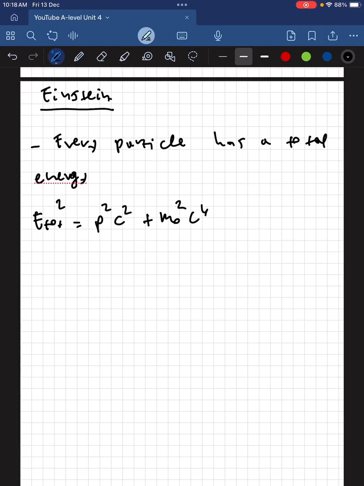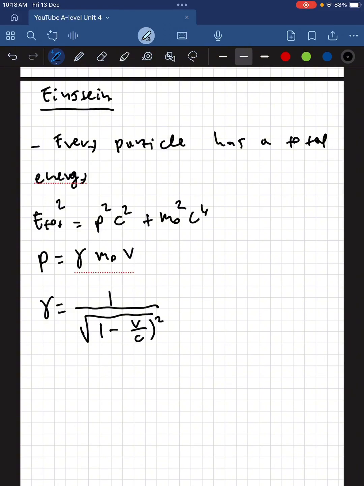Okay, so if a particle moves, it has this total energy. The momentum of the particle is given by the rest mass times its velocity, which is exactly what you know, but this time we have to multiply this by this factor called gamma, okay? And gamma is equal to 1 over the square root of 1 minus (v over c) the whole thing squared, okay?